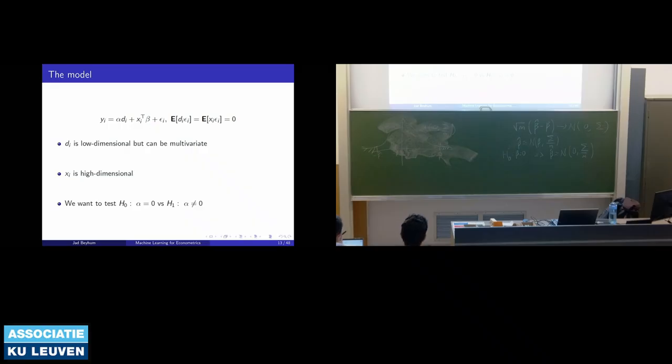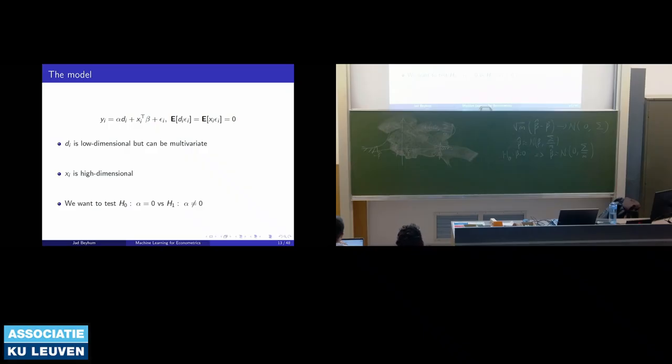Think of yi as wages, di as education, and then x is a bunch of controls. In this bunch of controls, I'm going to have parental education, IQ, where you were born, your experience. In the US, they sometimes have ethnicity and religion and these kinds of things. So I want to do inference on alpha. I have a linear model with many controls in my X.